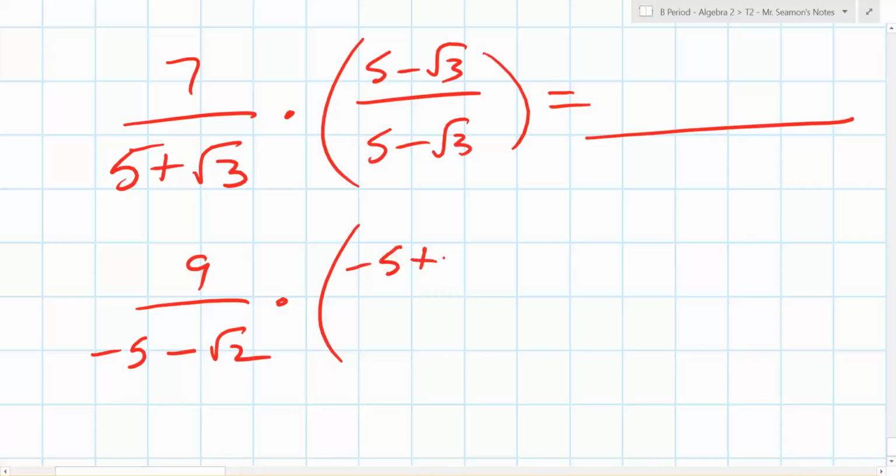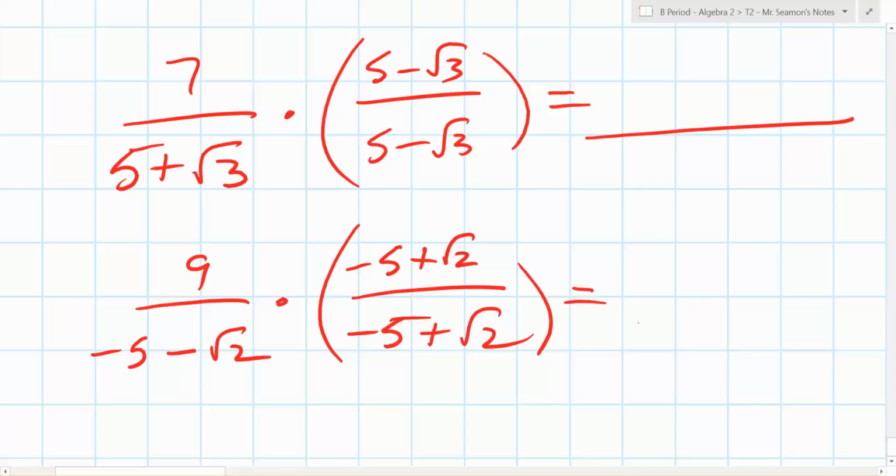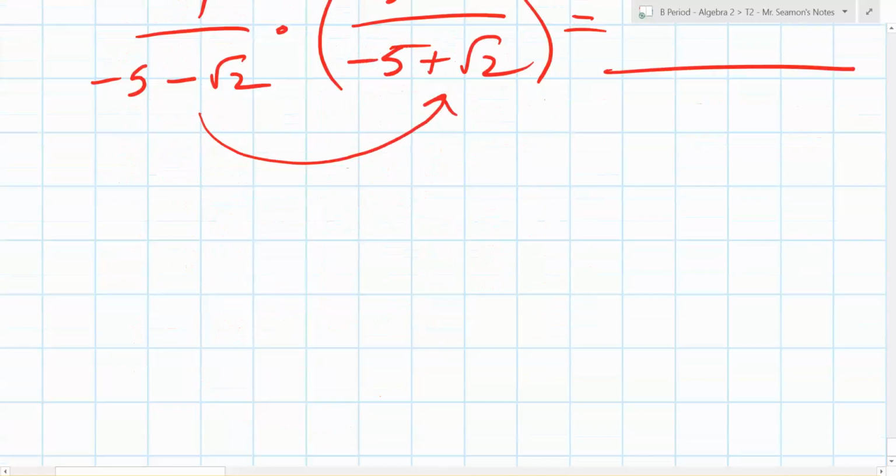Negative 5 plus the square root of 2 over negative 5 plus the square root of 2. What's the only thing you change? The sign in the middle. If it's negative, what do you turn it into? Positive. And if it's positive, you turn it into a negative. Exactly. So get back to the board, everybody, and please simplify this one for me.